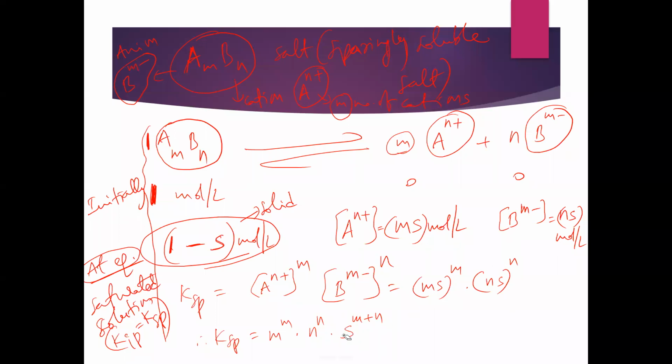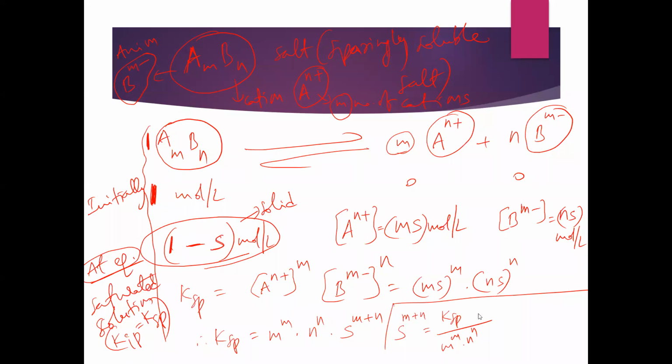Got it, ma'am? So like this, we got this. Now from this, what is the solubility? S to the power M plus N is equal to KSP divided by M power M, N power N. How to write the S value?